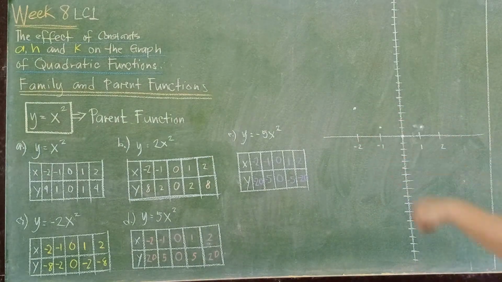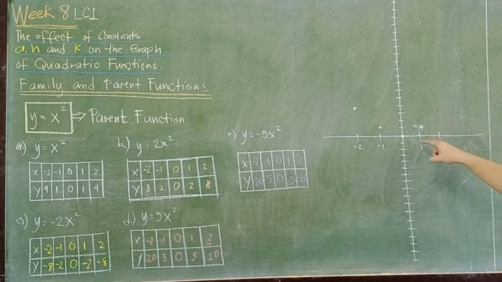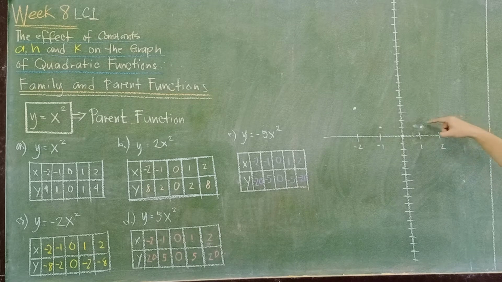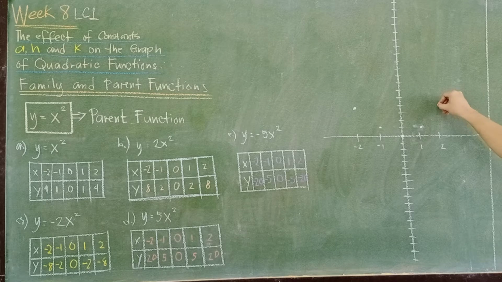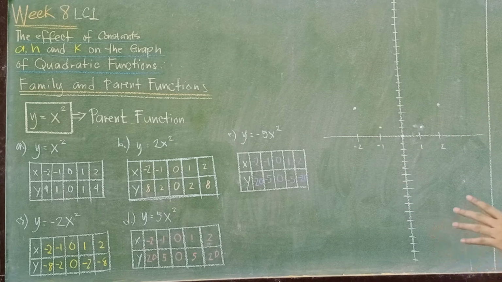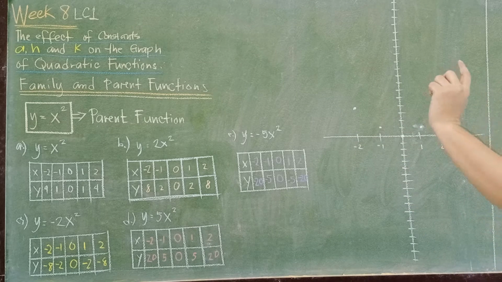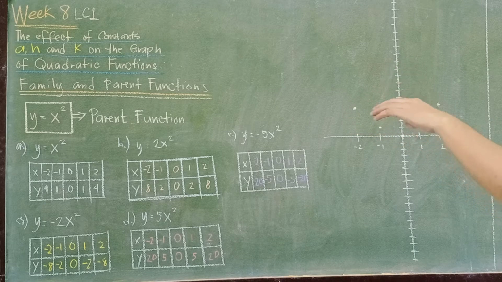And then 2, 4. 2, tapos 1, 2, 3, 4. So, i-plot natin. So, sinadya kong medyo maluwang para makita ninyo yung difference between values ng a na mataas at values ng a na mababa.